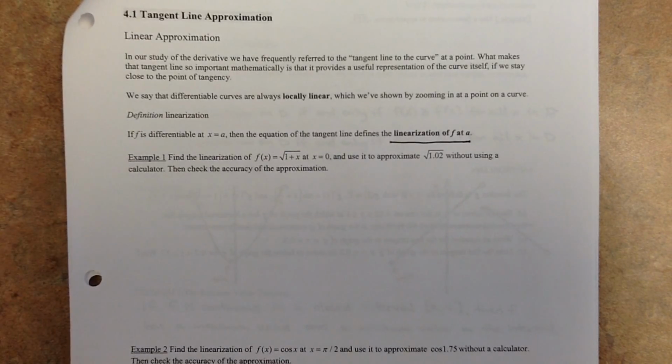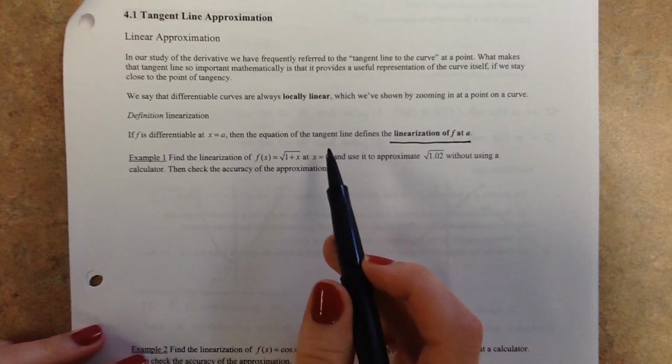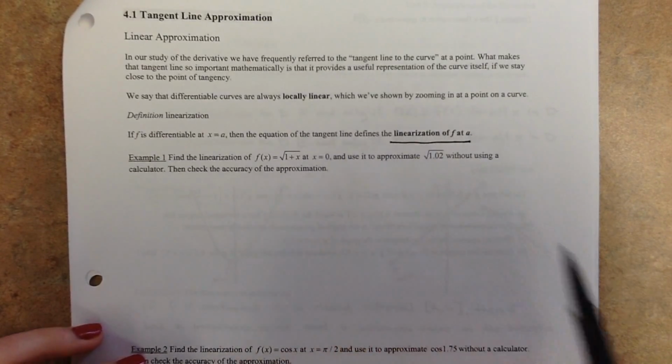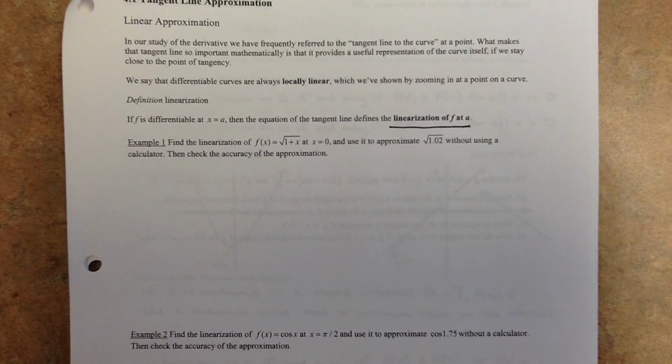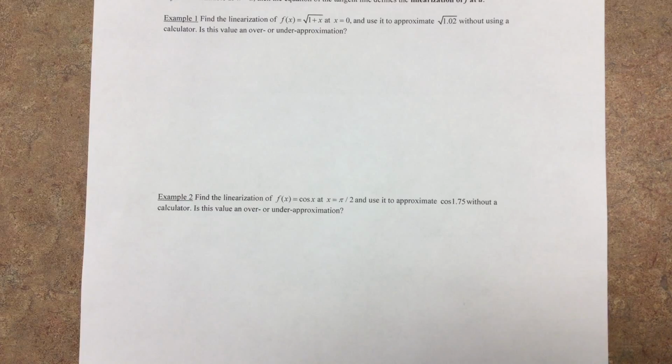If you zoom really, really close in on a graph and then match that linear piece to a tangent line, the tangent line itself is called the linearization. They are synonyms of each other, tangent line or linearization. You could see the word linearization on the AP test, and it means the exact same thing as the tangent line. So I want you to make sure that you know that vocabulary word as well.